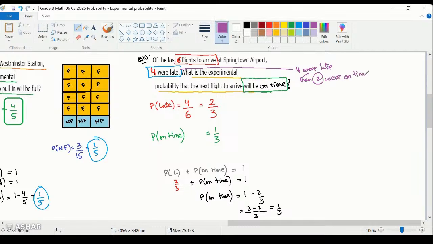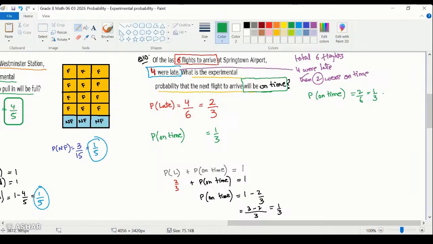Make your life easier. Total flights, 6 flights. So if we had to find the probability of on time, we can directly say 2 out of 6, that is 1 upon 3. Whichever way you can do it, right?